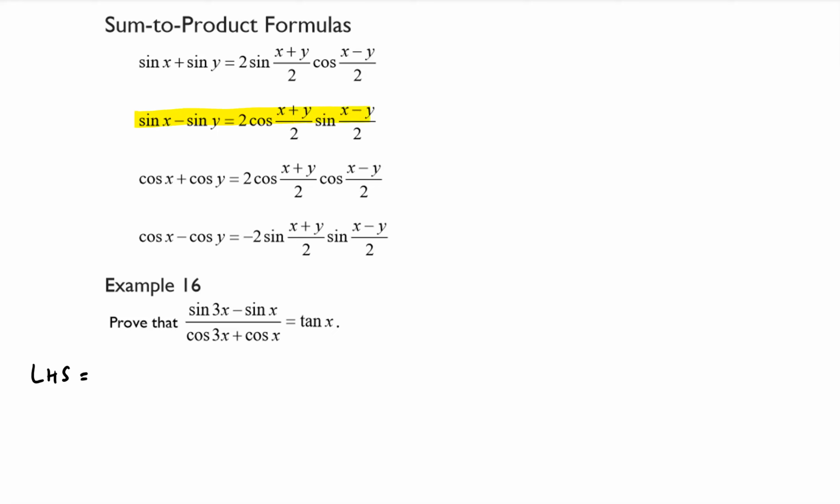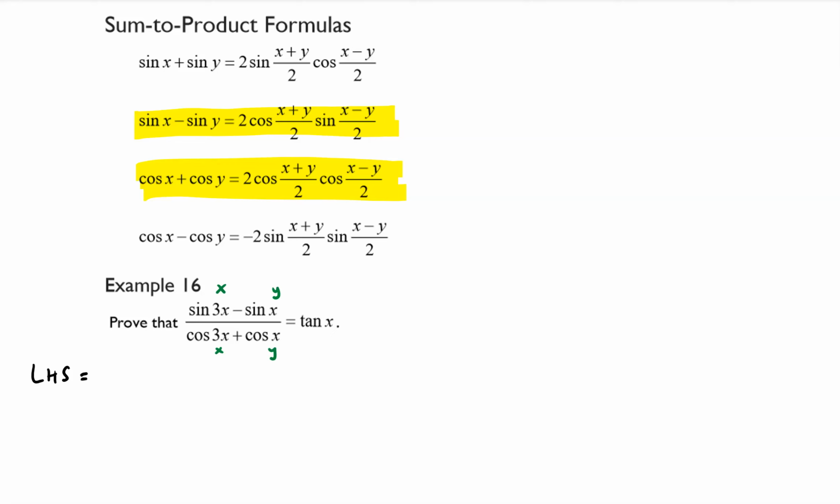And so we're going to end up utilizing this formula for the numerator, and then for the denominator, we are going to end up utilizing this formula. So we can think about this as our x value, and then this as our y value, and same thing in both of these scenarios.